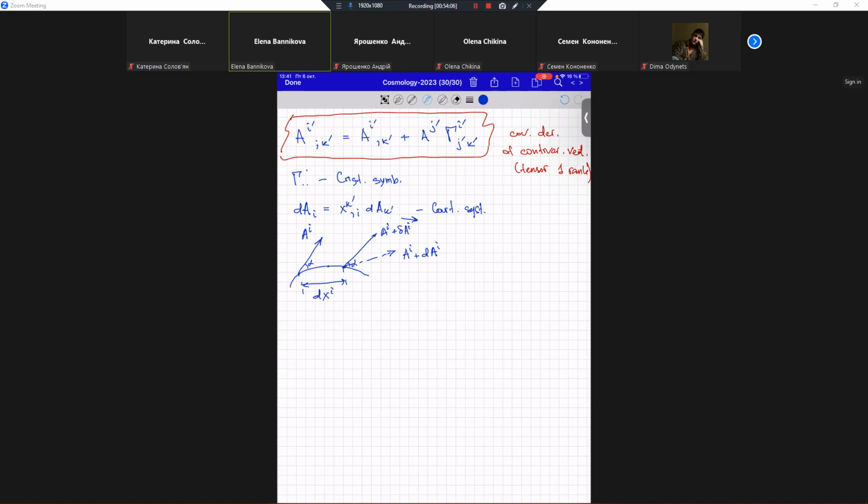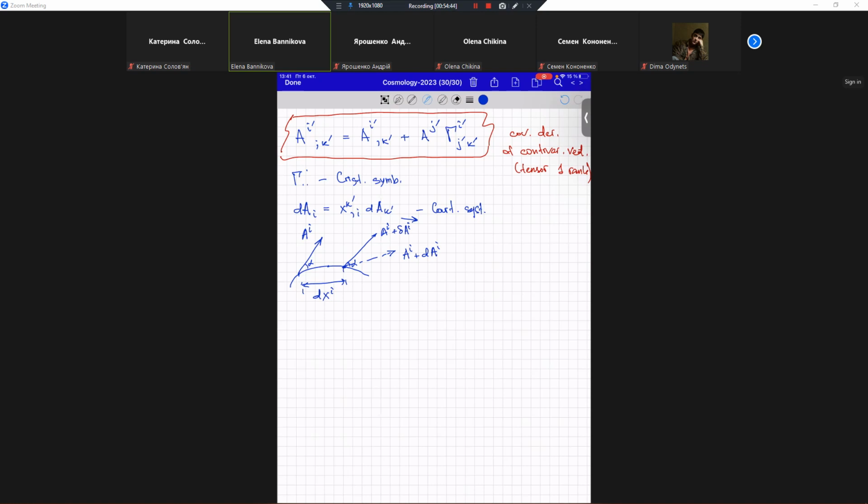So as a result, if we want to find the residual, the difference between these two vectors, which we move to one point, so we move one vector to the point in the vicinity of this vector, but in two ways, because in the case when we have a curved coordinate system, we can do it in two ways. From one point we move it by parallel shift, and the second one we just move along the coordinate system.